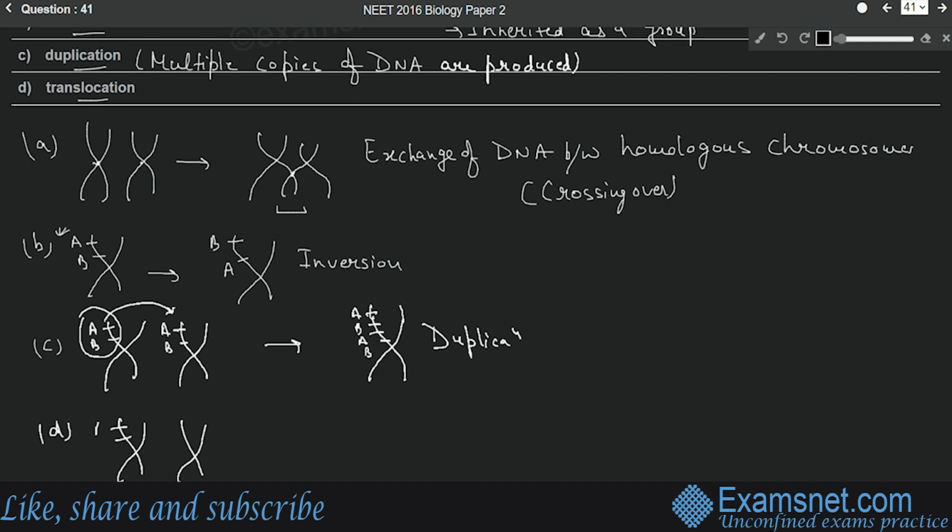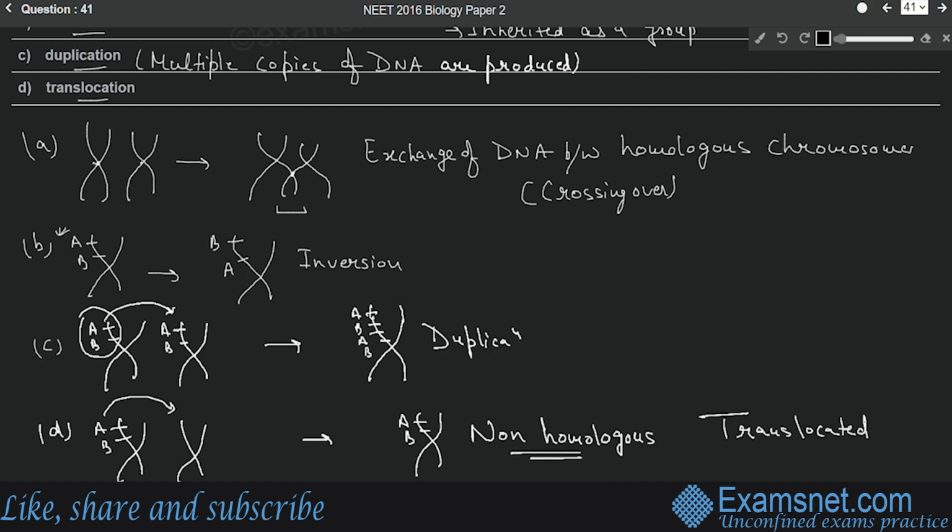Here we have a DNA segment AB. Now this is not transferred to this one, but to some other chromosome, that is non-homologous chromosome. So this is known as translocation. The DNA is translocated to a non-homologous chromosome.